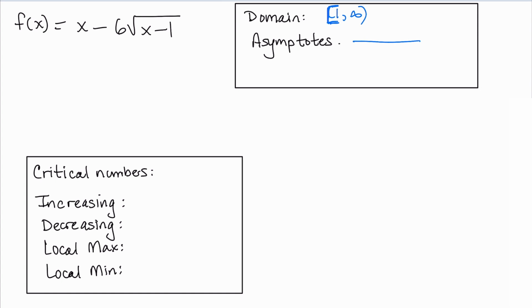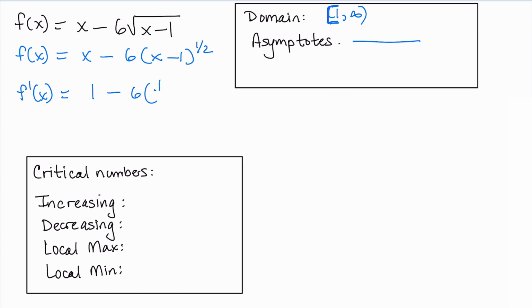Okay, so as far as critical numbers go, now remember that comes from the first derivative, so we need to find the first derivative, and I'm going to rewrite the function f first, with the square root as a 1/2 power, because that is more convenient to take a derivative with. So this means that the first derivative, f prime, is 1 minus 6 times 1/2 times x minus 1 to the negative 1/2, and then the derivative of the inside is 1.